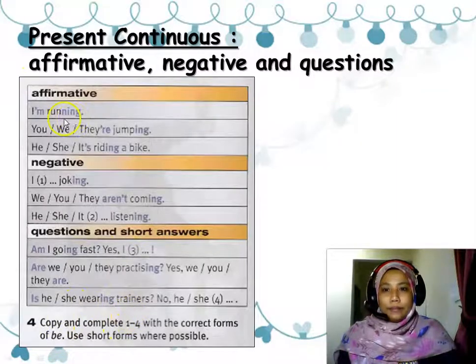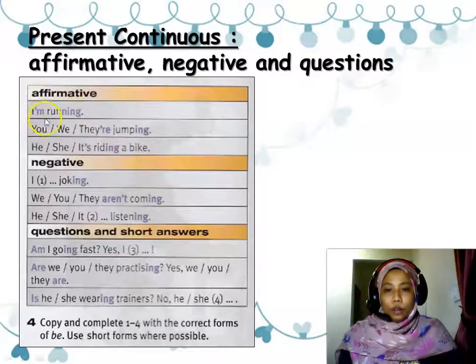Let's try. For the affirmative or positive statement, I am running. This is the meaning of short forms. It is supposed to be written as I am, but you may make it short by putting the apostrophe, as in I'm running.